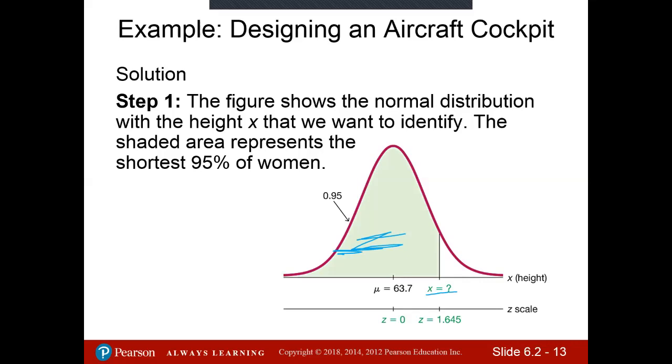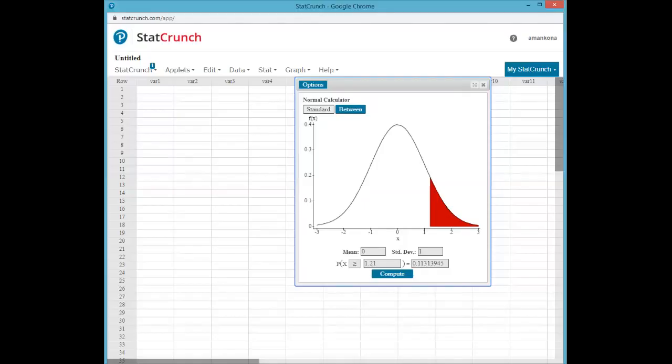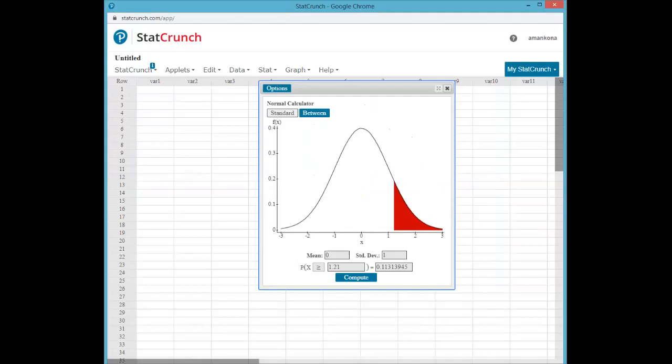So the question I need to answer is, I'm going to use StatCrunch to find the x value. I'm not going to convert it to a z-score, but I need to know this value. So the question is, how do I get this value? Now let us go to StatCrunch and do the same thing. Again, how do I get to this?